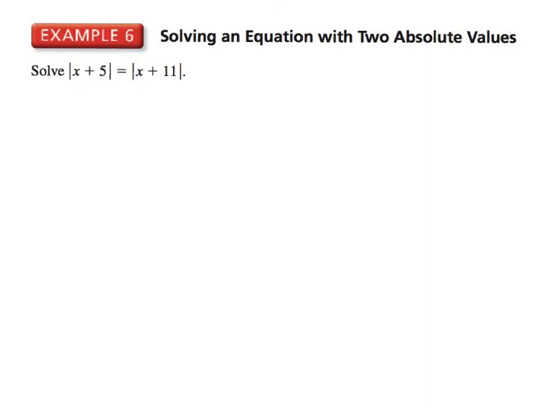All right, we're solving our last problem. What are the two equations that you would write from this? Tell me what you'd write down. x plus 5 equals x plus 11, okay?